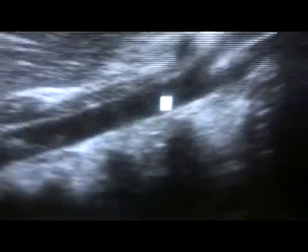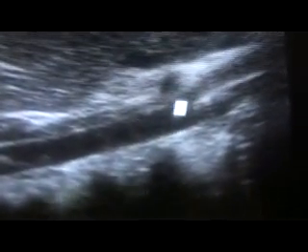This is the aorta, and this is the superior mesenteric artery arising from it. This is the celiac trunk, and this is the left half of the liver. See its homogeneity, its echobrightness, and smooth outer surface. So far, we are seeing a normal patient.